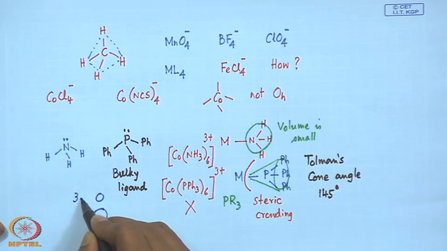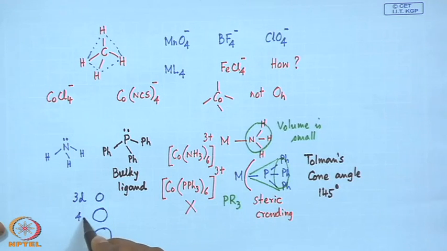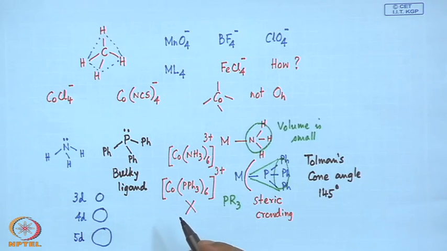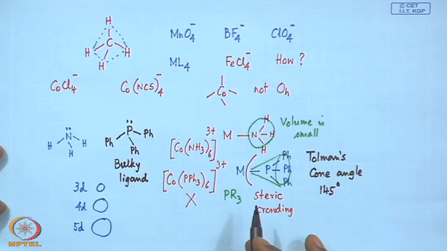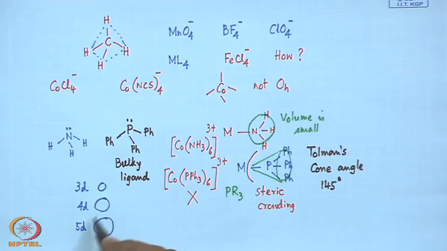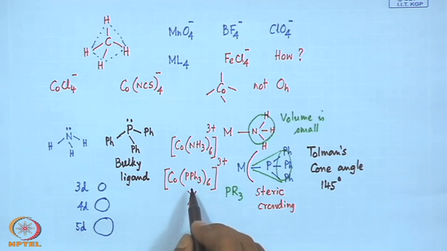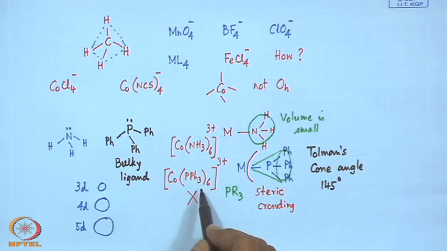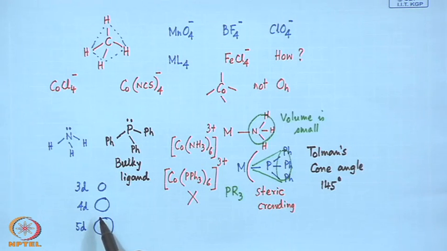So, as we move to 5d, we have a bigger size of the metal center, but it is not possible to accommodate this number of phosphine ligands surrounding these metal ions. So, it is not always very useful or preferable to move from one metal center to another to accommodate the bulky ligands.